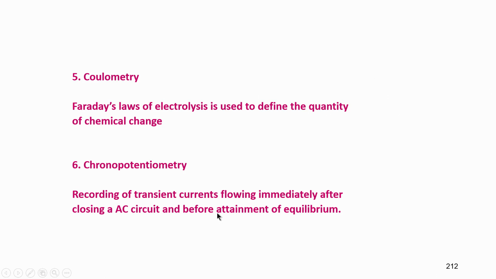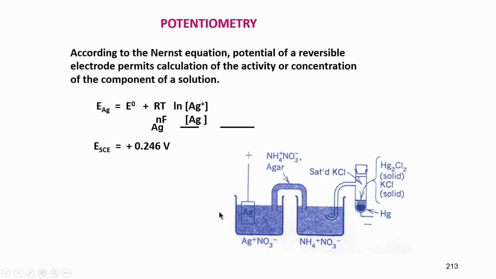All these are different types of electroanalytical techniques, and we will be studying them in detail, not all, but potentiometry and voltammetry, and then we will move on to other subjects in our next class. Thank you very much.